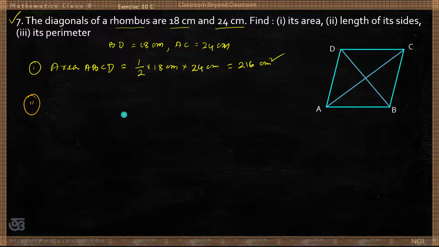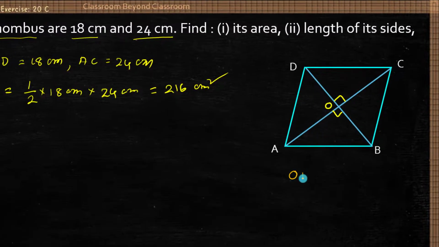So we know that in a rhombus, the diagonals bisect each other at an angle of 90 degree. They bisect at right angles. So if O is the point of bisection, OB is equal to OD, and that is equal to half of BD, and BD is 18 centimeters, so this is equal to 9 centimeter.